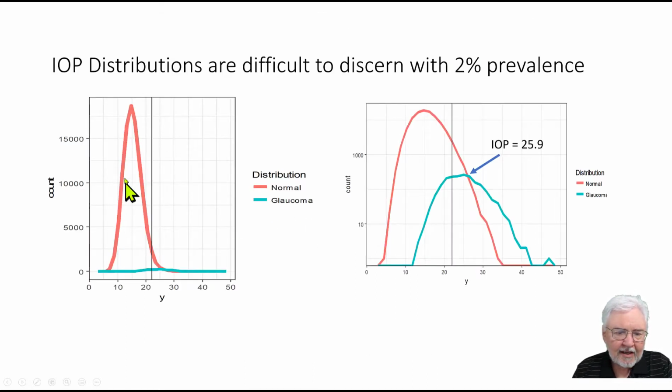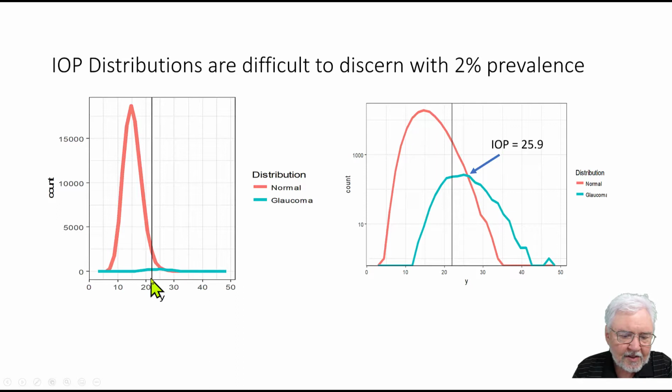Now I simulated the data and presented these graphs of distributions based on the Beaver Dam study. And this red line is the normal people, and the blue is those who have glaucoma. And we actually adjusted for taking eye drops and lowered the mean for that.